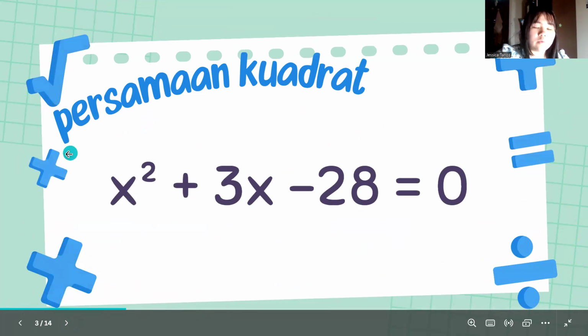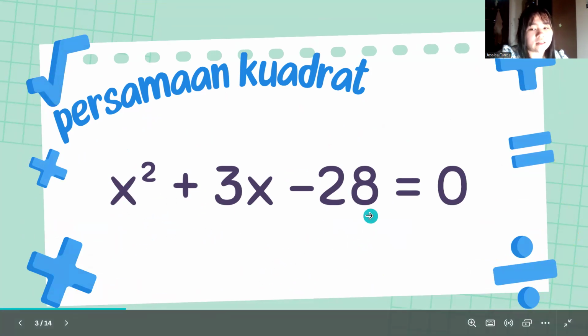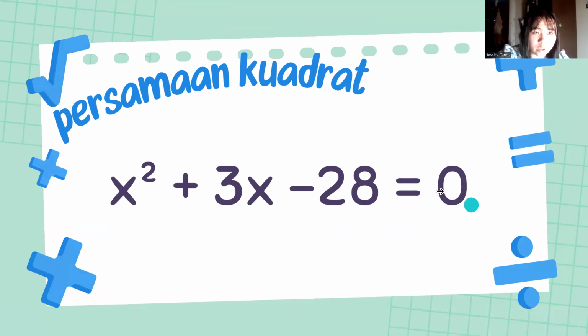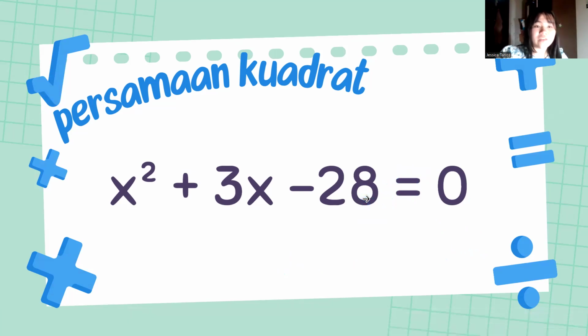Okay, so the quadratic equation we'll be using today is x squared plus 3x minus 28 equals 0. One thing about this equation is that it can't be a quadratic equation if it isn't equal to 0. It always has to be equal to 0.